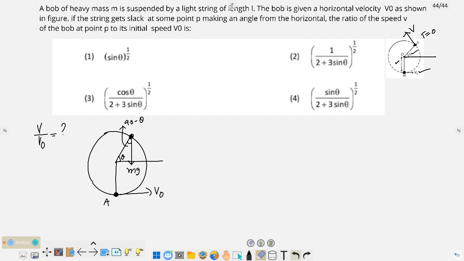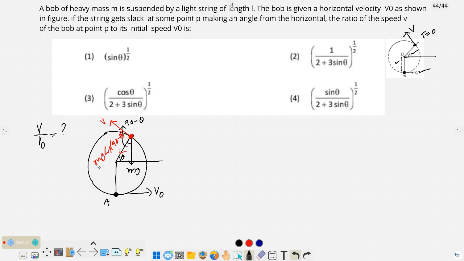If mg is resolved into components, you get one component in this direction, that is mg cos(90 minus theta). Whenever the body is moving in circular motion, at this point it has velocity, so the concept of circular motion can be applied.